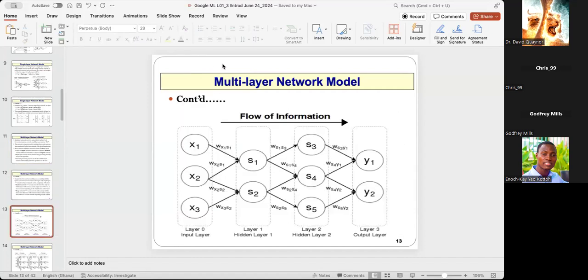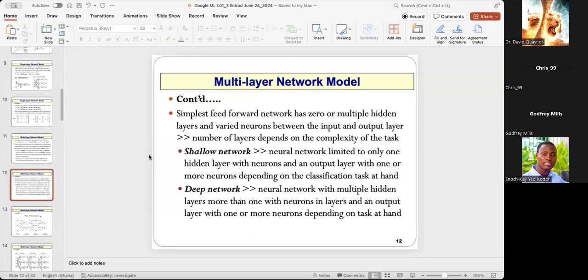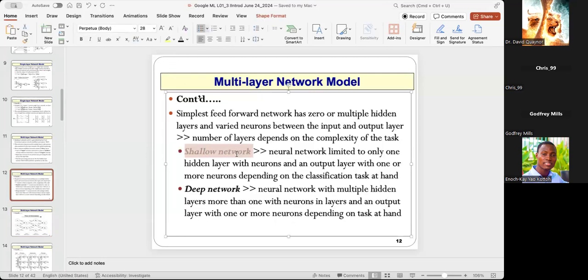This X is the input, then we have layers S1 and S2 and then Y. When we have an input layer and an output layer plus 1 hidden layer, that is what we refer to as a shallow neural network design.